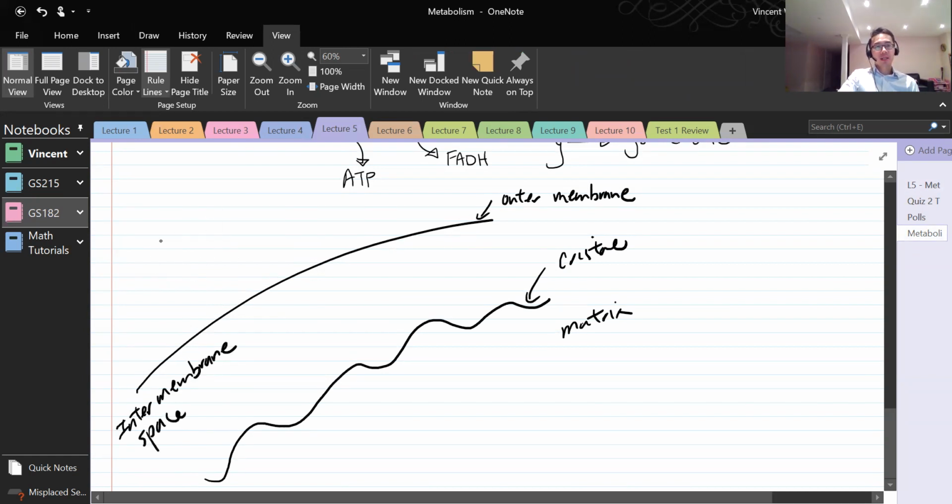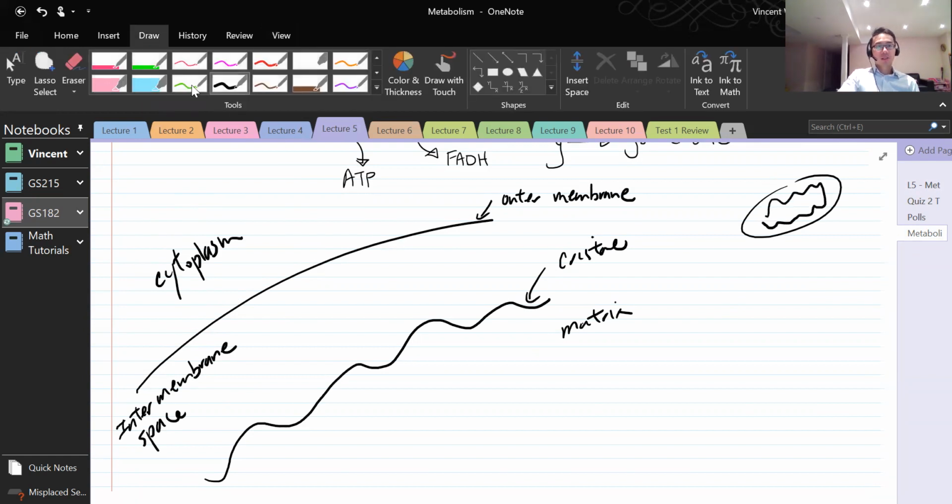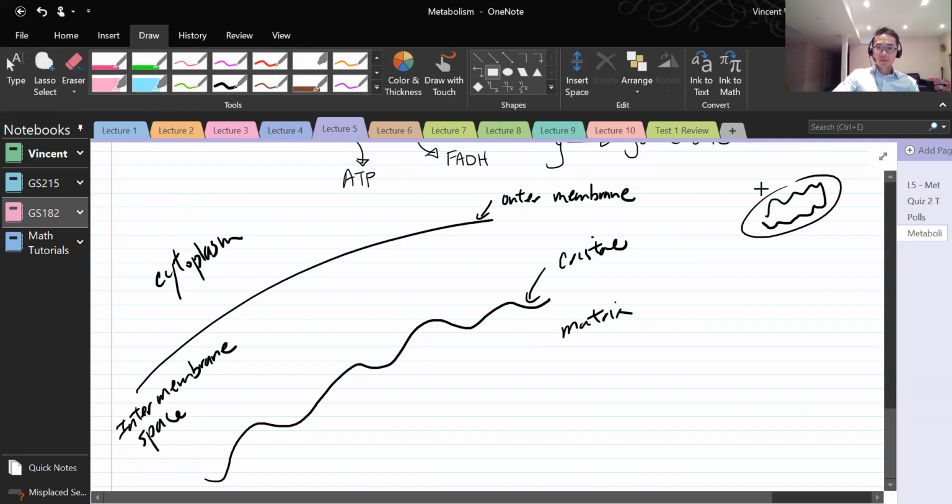And then out here, we have the cytoplasm. Okay, so we're basically zooming onto the mitochondria there. We are zooming in right here.